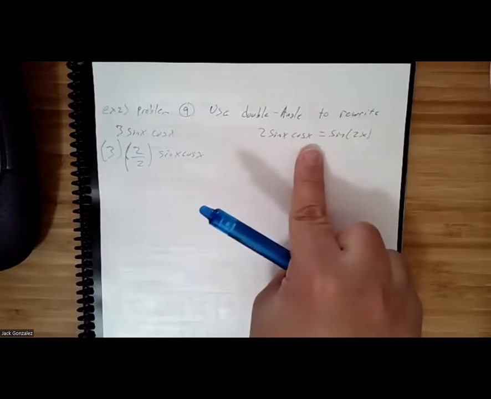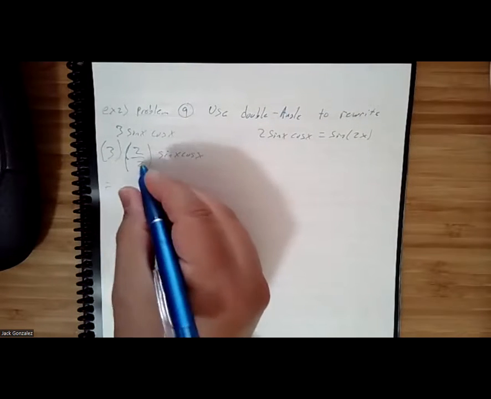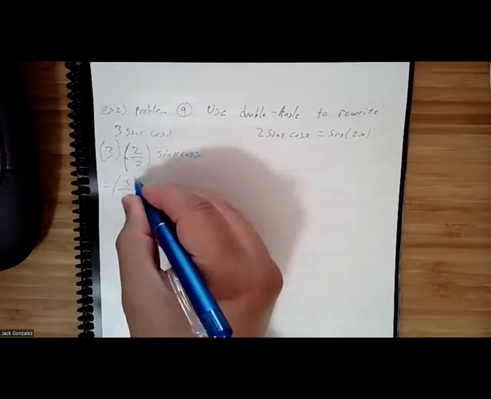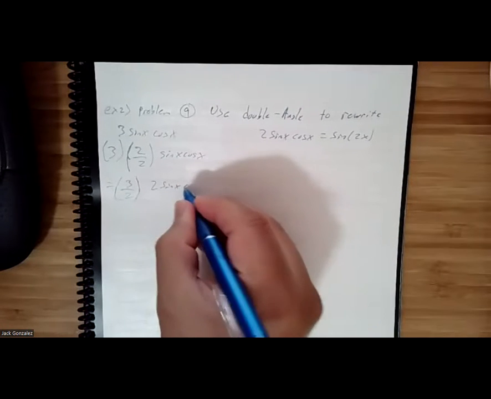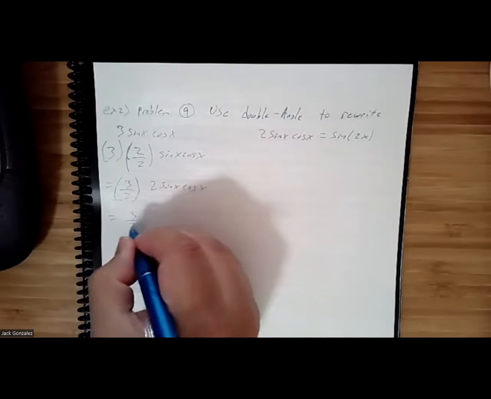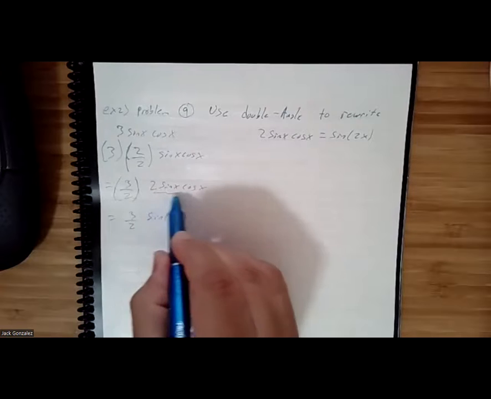It's 2 sine cosine. So at this point, I'm just going to move that 2 on the bottom over here. I don't need that piece. Now I have 2 sine cosine, which is what I want to use. So this becomes sine of 2x, and I can apply the formula here.